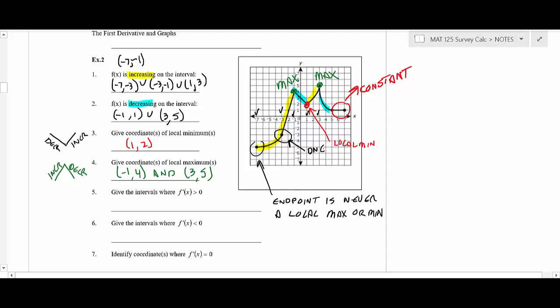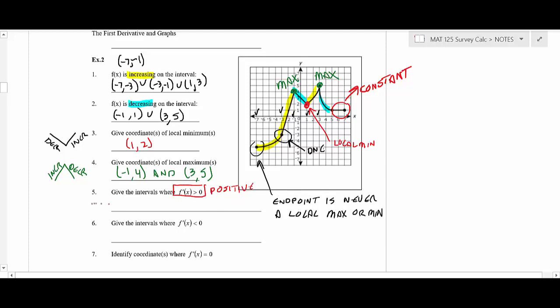In order for something to be a min, you have to decrease, then increase. In order for something to be a max, the graph's got to increase, then decrease. So if there's nothing going on on one side because it's an endpoint, then it can't be considered a local max or min.